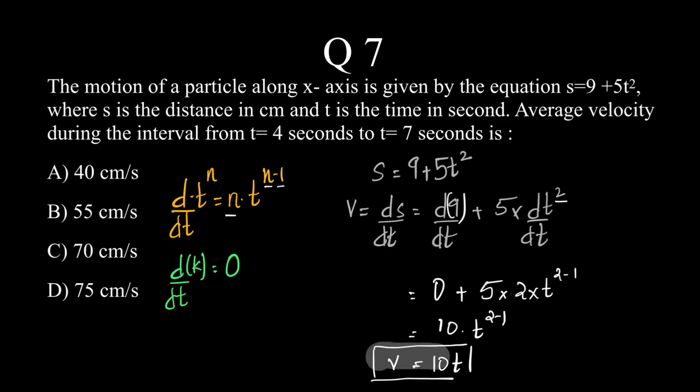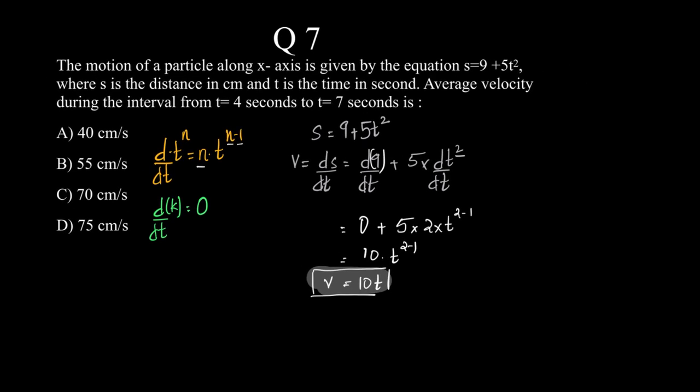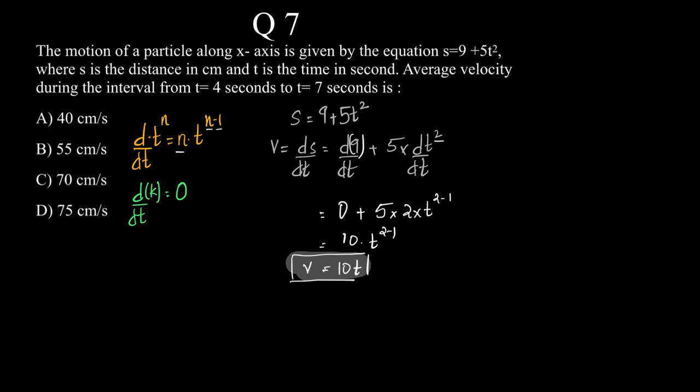Now, if velocity is equal to 10 into t, what is velocity at t equals 4? It is 10 into t with t equals 4. Simple, right?